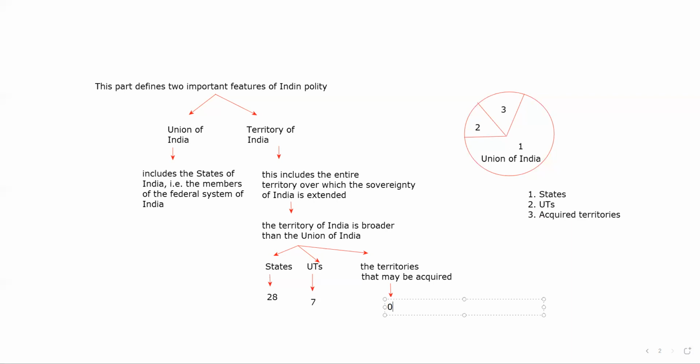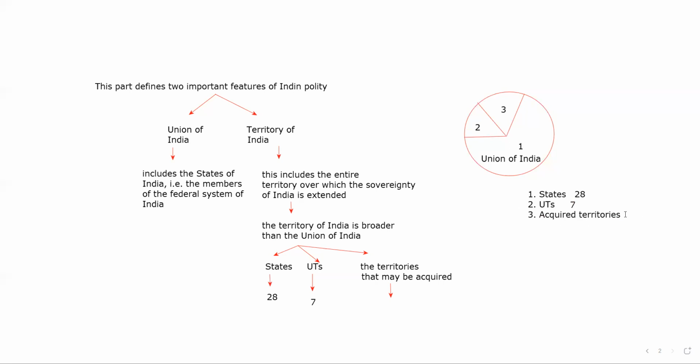Okay, leave it. Let me tell you that at present in India there are 28 states, 7 union territories, and acquired territories. So 0 acquired territories are there. Let me write it here. States at present we have 28. As far as the UTs are concerned, we have 7 UTs.